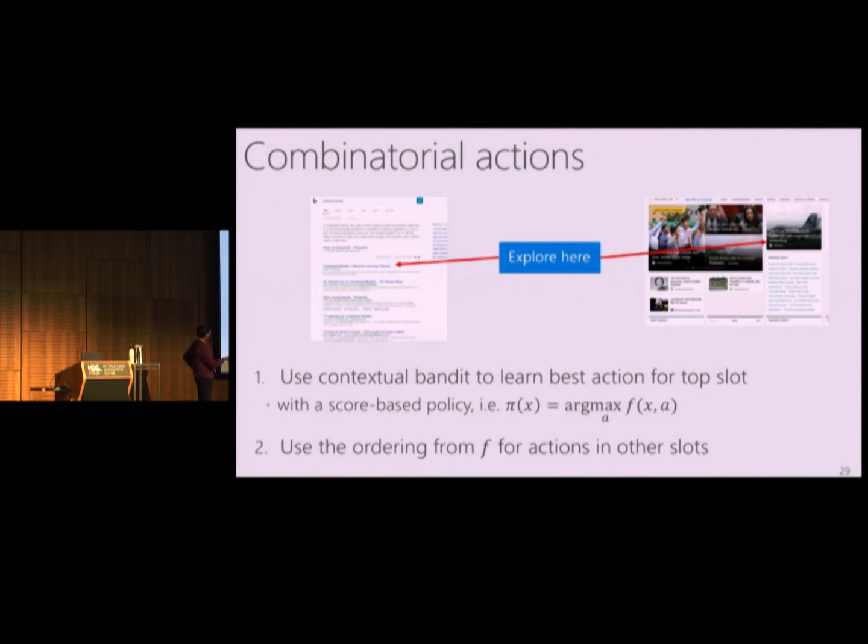So that's a policy associated with every F. For every F there is such a policy, and I can find the best such policy. I place its action in the top slot, but then I could take the corresponding F, take the second best action according to it and put it in the second slot, the third best action in the third slot, and so on. This way, even though I'm exploring just at the top, I can exploit everywhere.